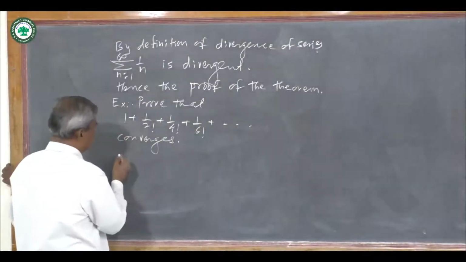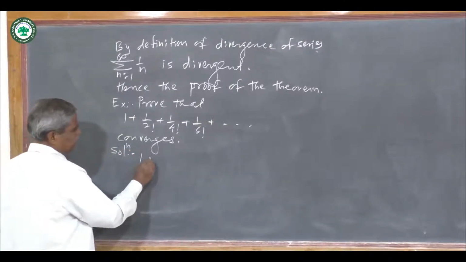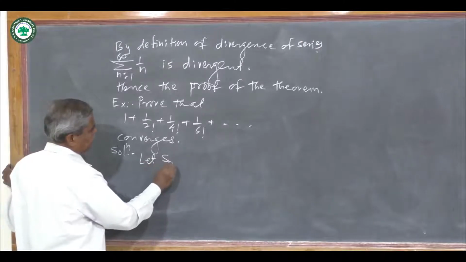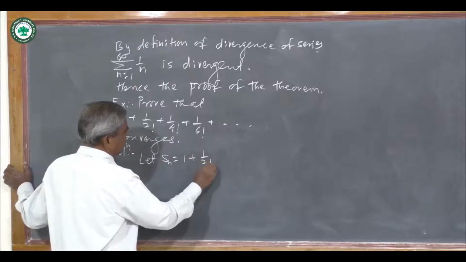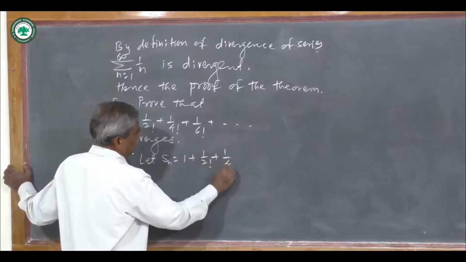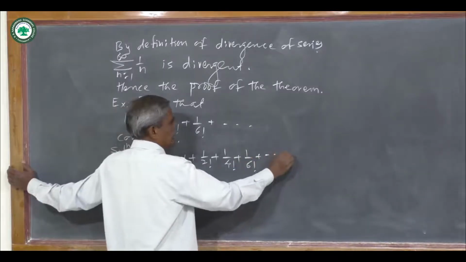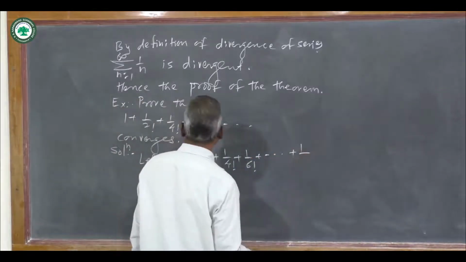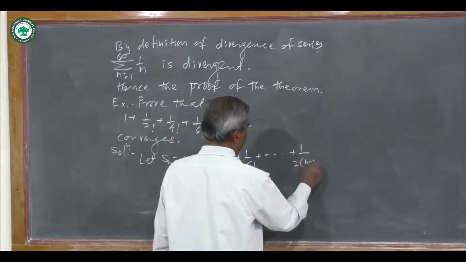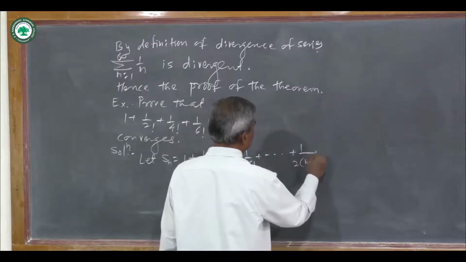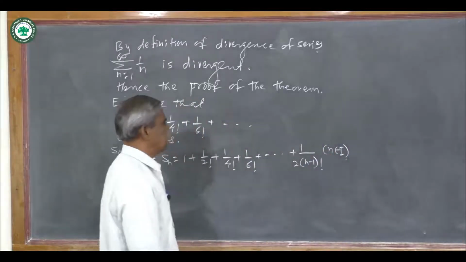Solution of this problem. Let Sn is equal to 1 plus 1 by 2 factorial plus 1 upon 4 factorial plus 1 by 6 factorial plus and so on, plus 1 upon 2 into n minus 1 factorial, for every positive integer n.